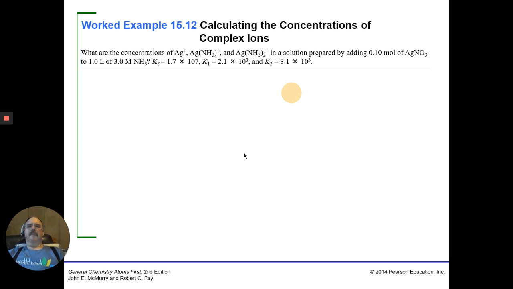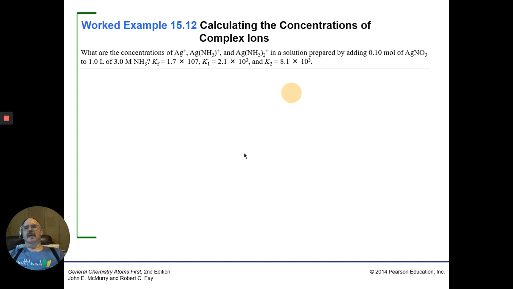So here we have a calculation involving the concentrations of complex ions. The question is, what are the concentrations of silver, the silver amine ion, the silver diamine ion, in a solution prepared by adding 0.1 mole of silver nitrate to 1 liter of 3 molar ammonia.